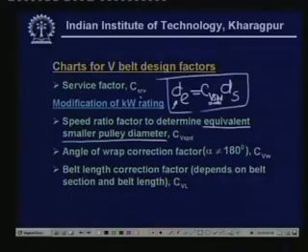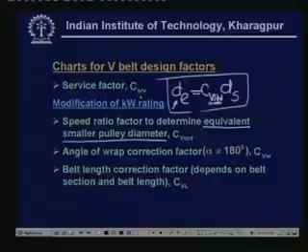If one diameter is smaller than the other, then there is a decrease in the severity of the flexing that occurs in the belt, so the equivalent diameter becomes something else. That is the reason one has to find the speed ratio factor to determine the equivalent smaller pulley diameter.